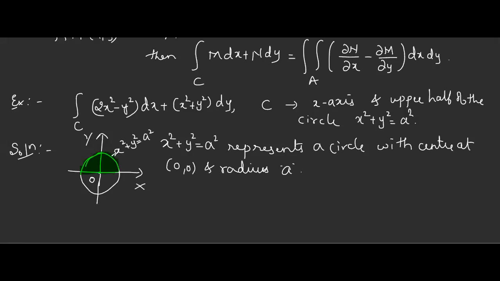Now, we have to apply this Green's theorem. According to that, this has to be written in terms of a double integration. Can you see what are the variables here? X and y. We have to perform double integration. Do you remember the concept of double integration?